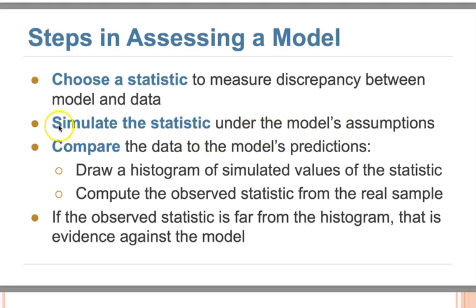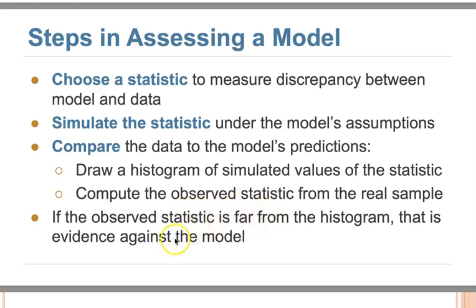Once the simulation is done, we simulate that statistic and compare the observed data to the model's prediction. Usually we can draw a histogram of the simulated values of the statistic. We compute the observed statistic from the real sample.